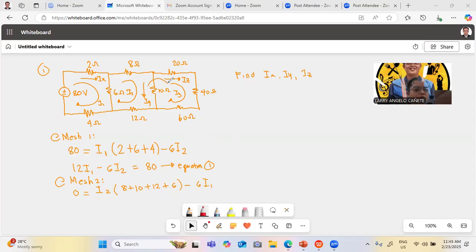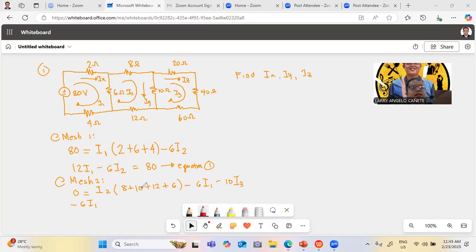There's also a 10 ohm resistor opposing to the other side. So that's the reason I put here minus 10. Then the mesh current on that side is I sub 3. Okay, very clear, no? Then you simplify the equation. So this is negative 6 I sub 1, then ilan ito lahat?